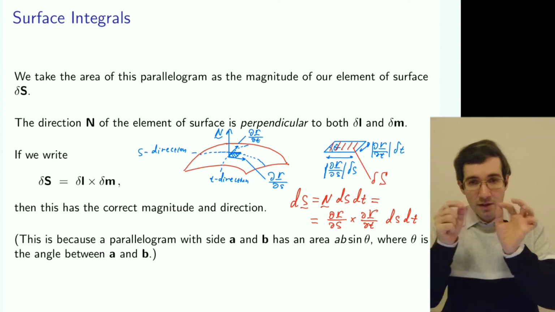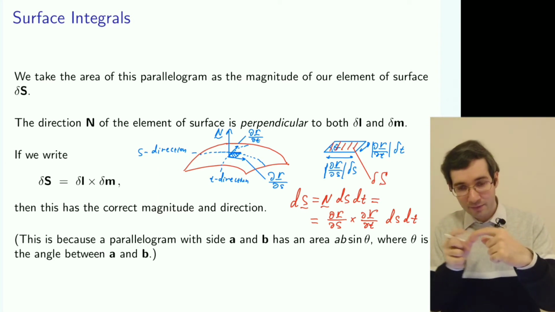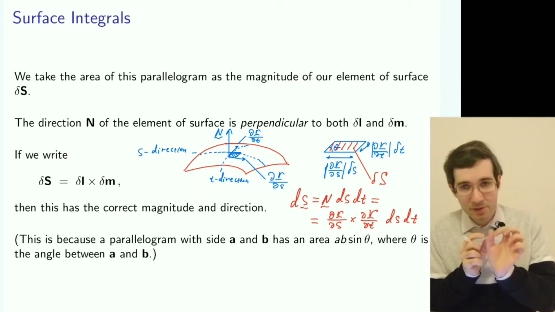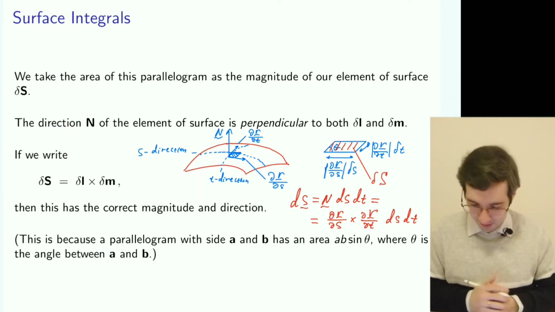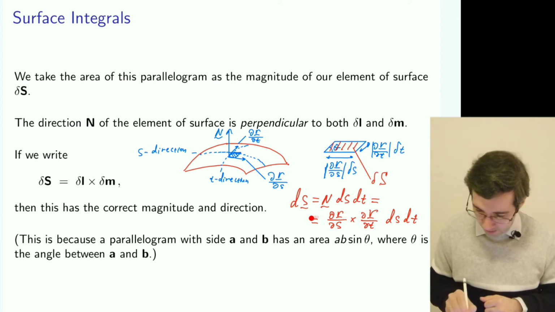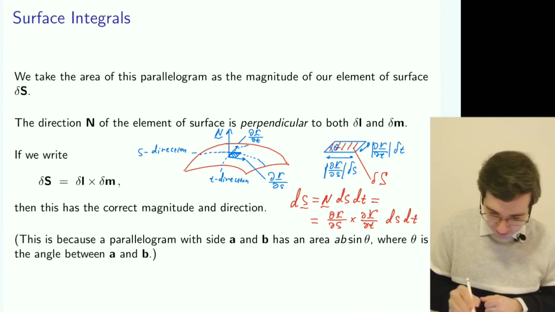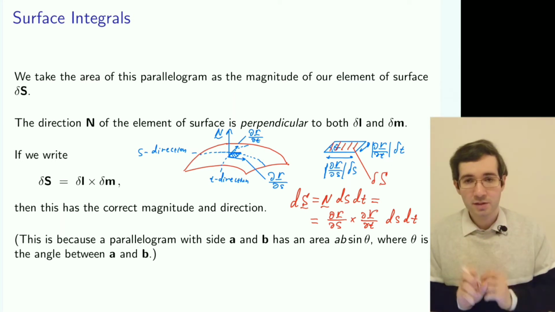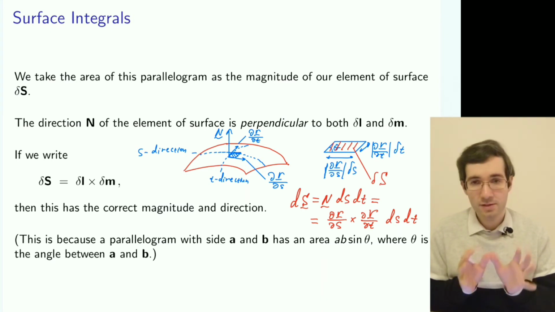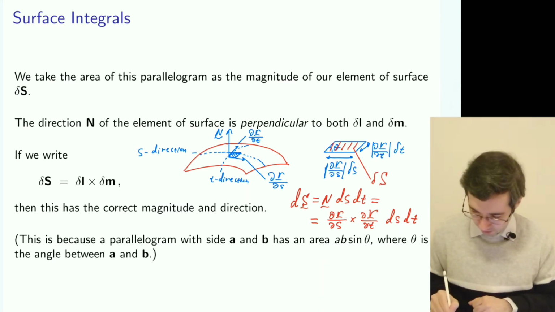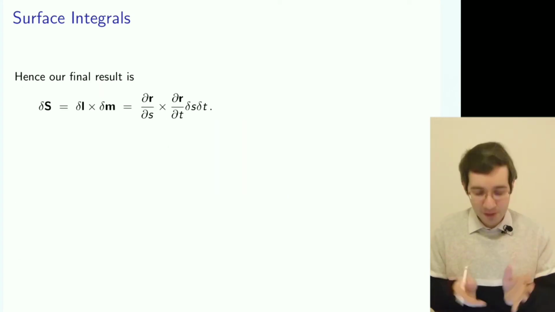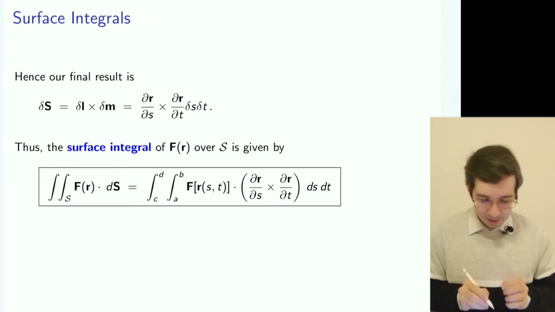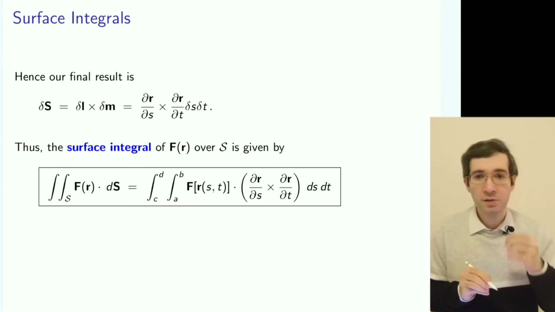As we take these directional changes to zero, it becomes an element of the surface which we can use for integration. So that is really a key point here, that gives us the right element of the surface and its orientation. So that's all you need to understand about how we get to the surface element. And if we put it together, we get the definition of the surface integral, not only the definition but also a recipe.